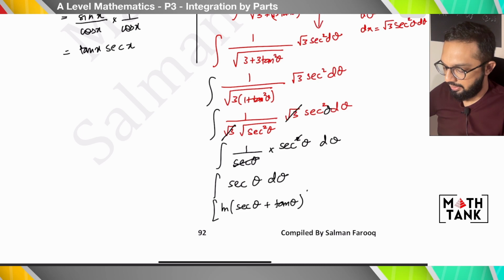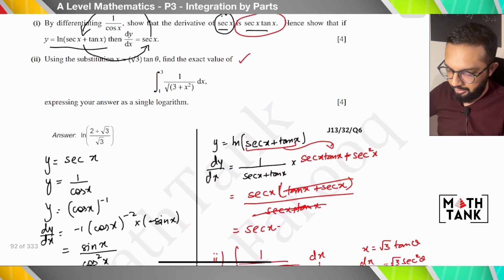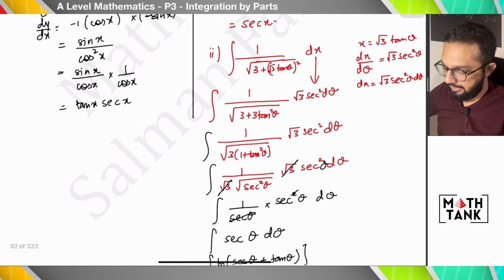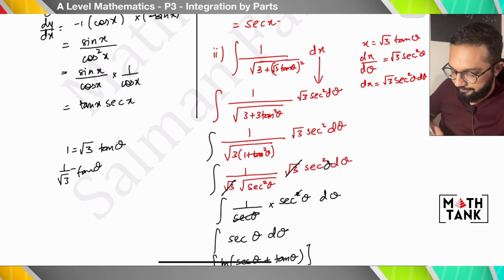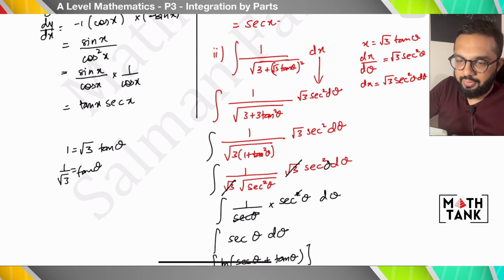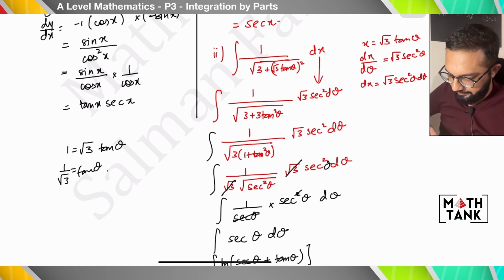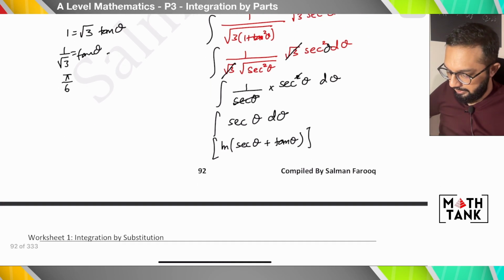I don't know if I converted the limits earlier, but I can do them now. 1 and 3 were the limits, and they were the limits for x. So when x is 1, tan theta is 1 over root 3, theta is tan inverse of 1 over root 3. That's pi over 6, so the lower limit is pi over 6.